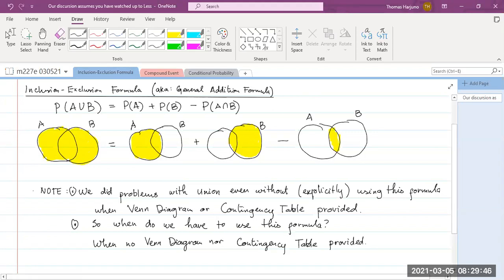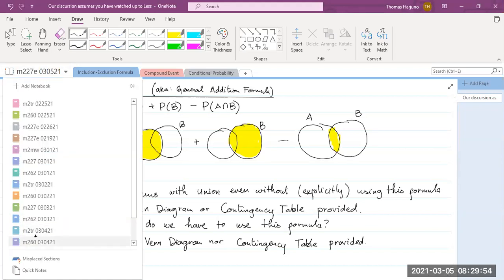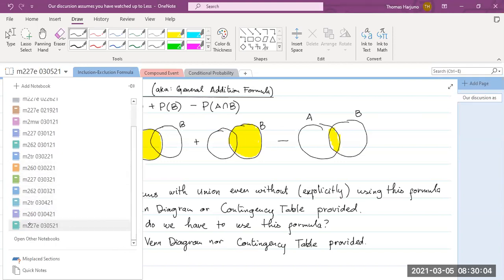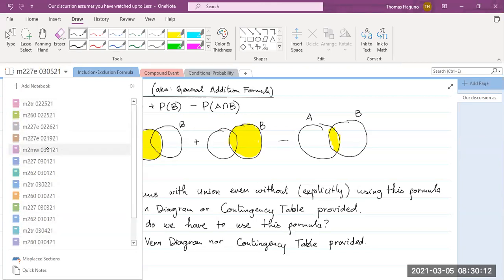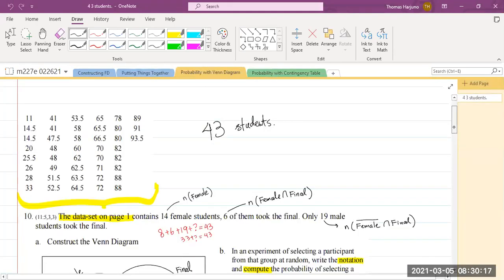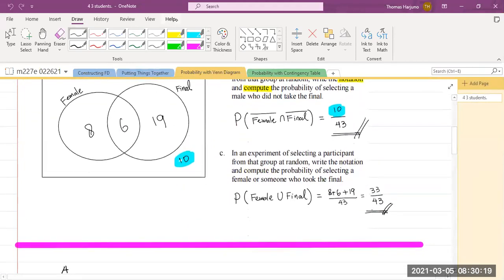Again, is it wrong, Thomas, if I use this formula when a Venn diagram or contingency table is given to us, like what we did last week, for example? Let's take a look. What we did last week. Where's that? I'm trying to look for it. Oh, here it is. The one we did here, right? Notice that we compute the probability of union without using that formula.